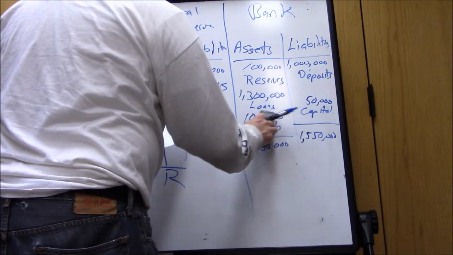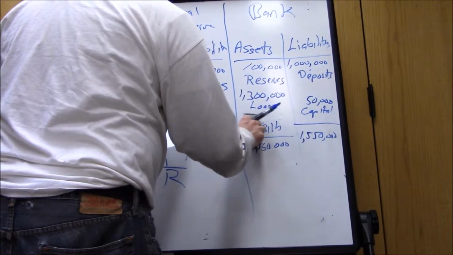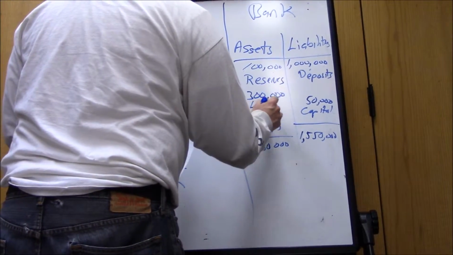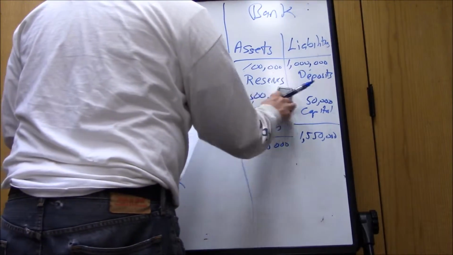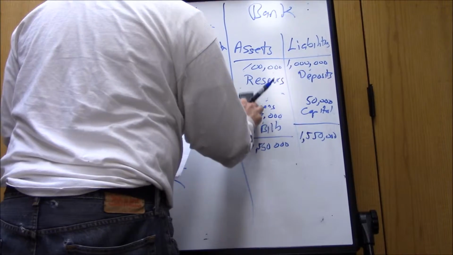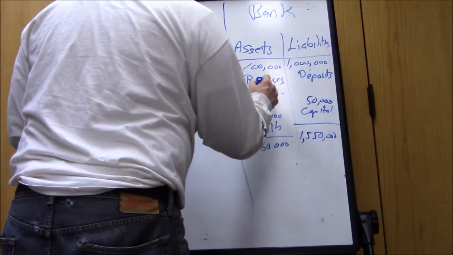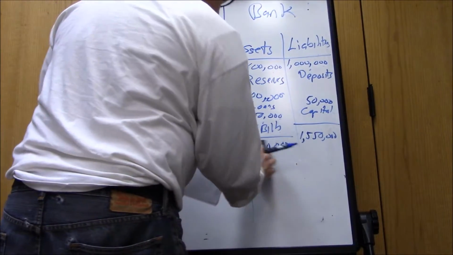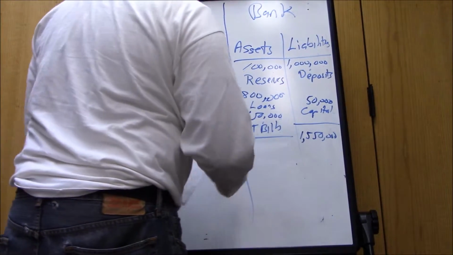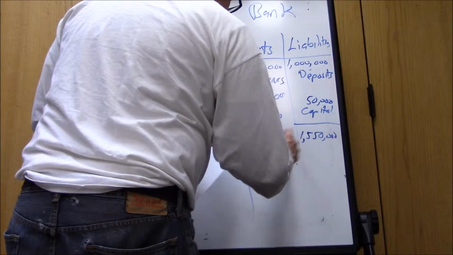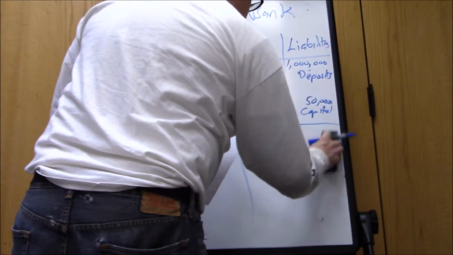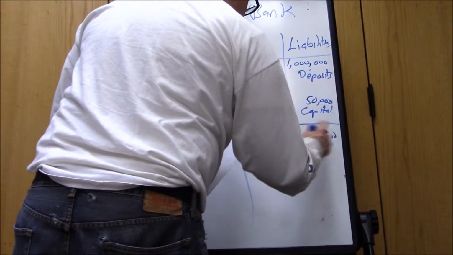And we had $150,000 in T-bills. And we had loans of $800,000. So our balance sheet was $1,050,000, and this was $1,050,000.